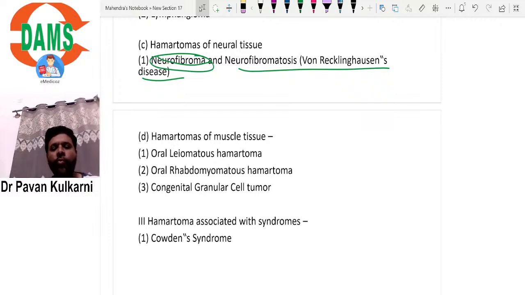Oral rhabdomyomatous hamartoma means a hamartoma which involves skeletal muscles of the oral cavity.